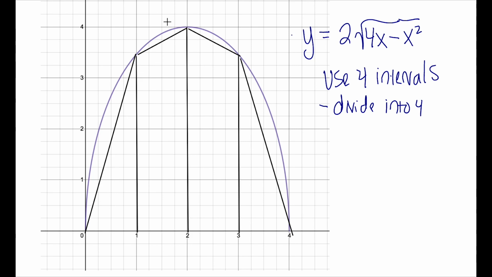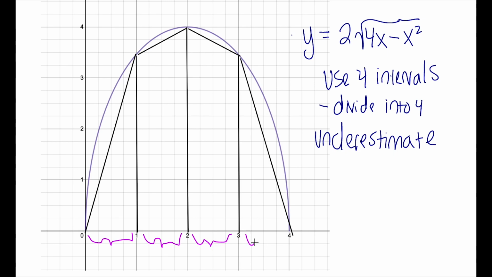Well, because these line segments are under the curve, if I find the areas, I'm going to be missing these spaces here, so it's going to be an underestimate. What is h? Remember, h is the space in between each interval. So h here equals 1.